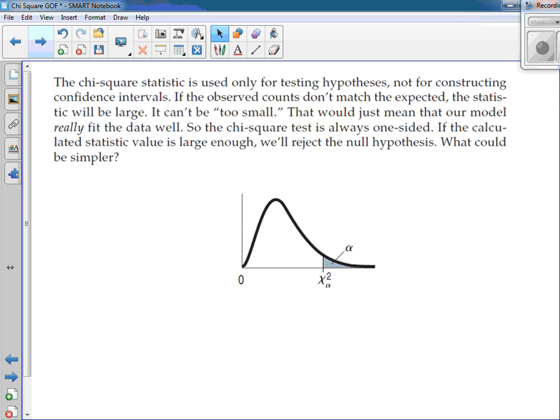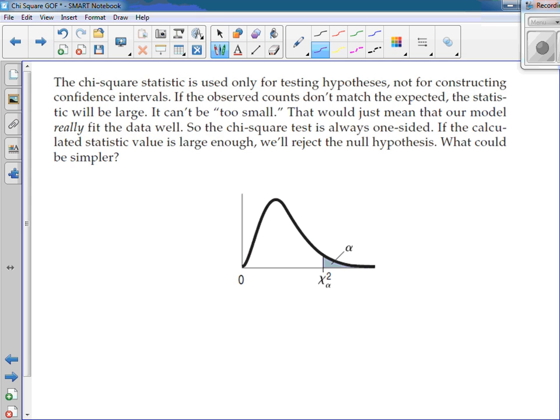Now, a chi-square statistic is only used for testing hypotheses, so we'll never have any confidence intervals. If the observed counts don't match the expected, the statistic will be large, right? Because either it fits or it doesn't. There's no confidence interval saying I think it fits this percentage of the time. That's not happening. It's either it fits or it doesn't.